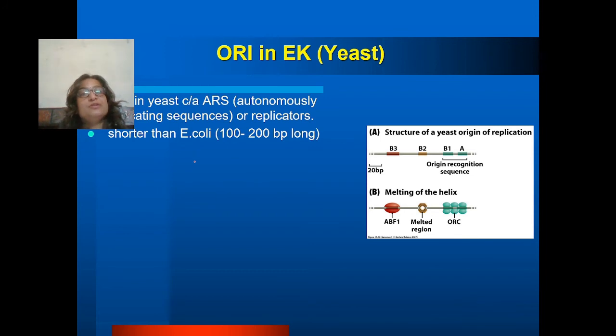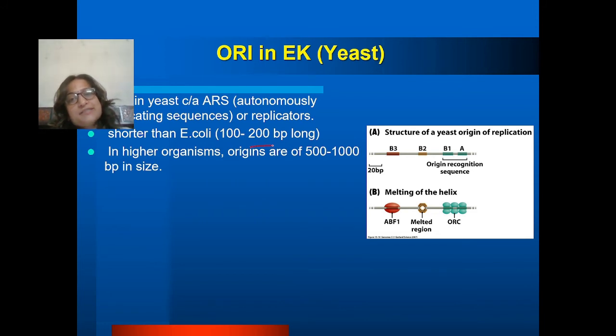The size of autonomously replicating sequences, or ARS, is only 100 to 200 base pairs long. So it is important to know that the size is shorter than E. coli. Possibly because in E. coli you have only one origin of replication controlling the whole genome, whereas in eukaryotes you have many replicons, so accordingly the size of an individual replicon is relatively short.